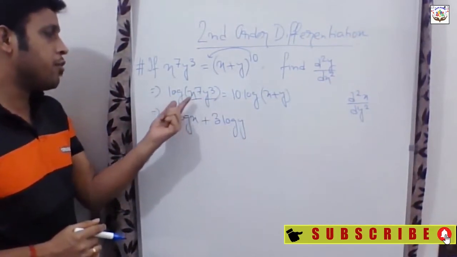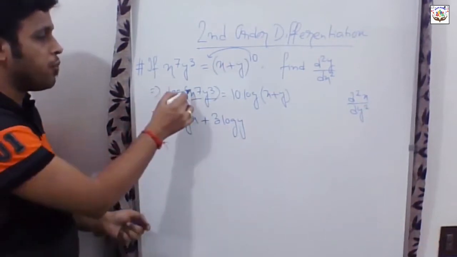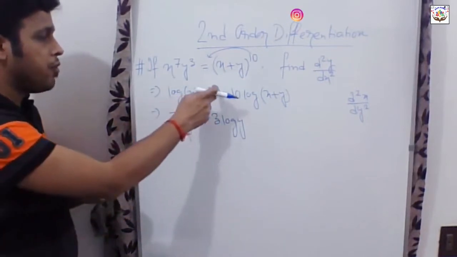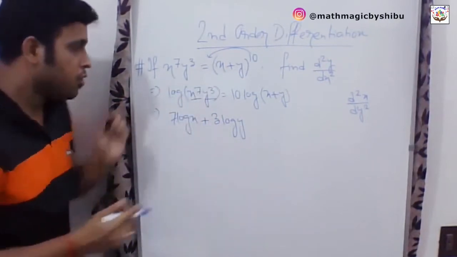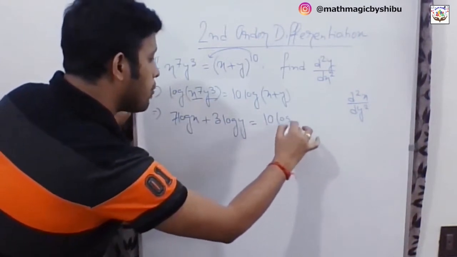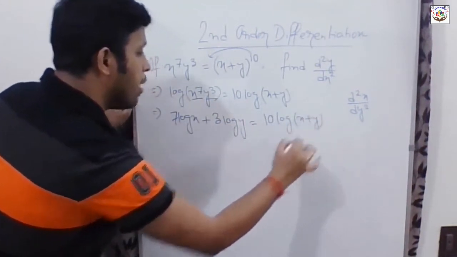So log x to the power 7 will automatically be 7 log x, because this power will be the coefficient. Similarly for log y cube, the 3 will be the coefficient, right? So it is equal to 10 log x plus y.